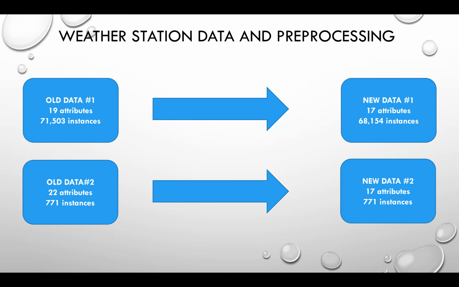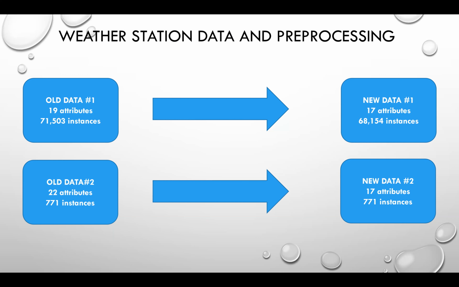For our data, we installed a weather station on the roof of our building at NMSU, our university. The weather station records the data and sends it to the Ambient Weather website.